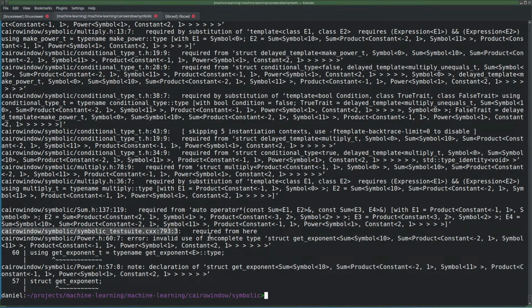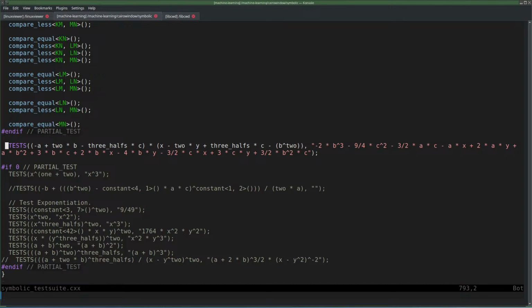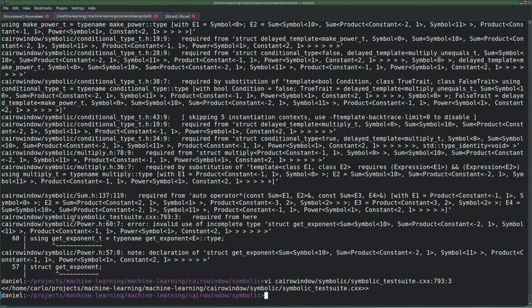So now this is the one that causes the error, for obvious reasons. And well, at the moment that we call operator star on two sums. Why doesn't it tell me which star?